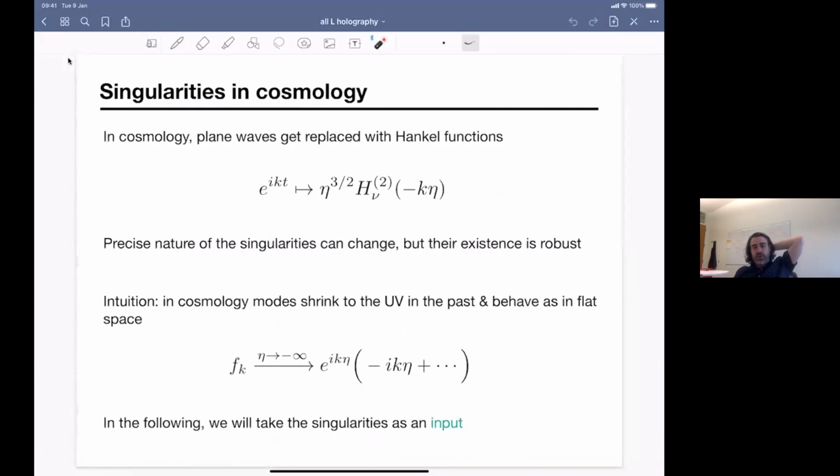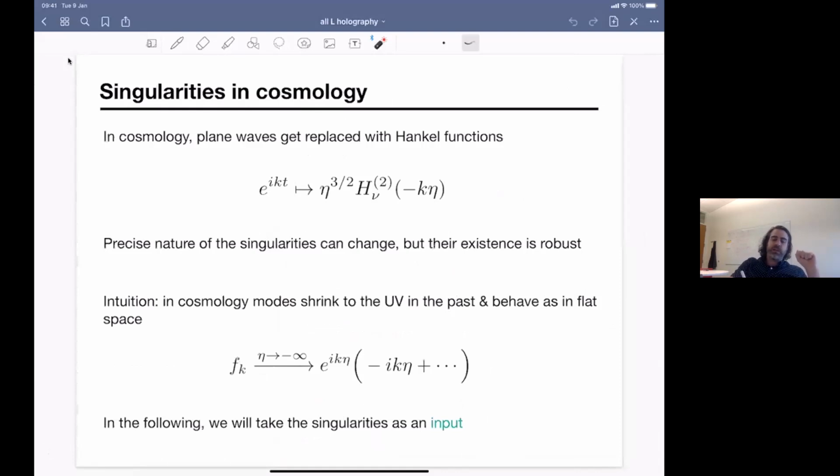Everything I told you so far is in flat space, so I need to convince you that similar things should be true in de Sitter space. I'm not going to rigorously justify this, but let me try to make it sound at least plausible, and then we'll take the logical leap together that what I'm telling you is true.